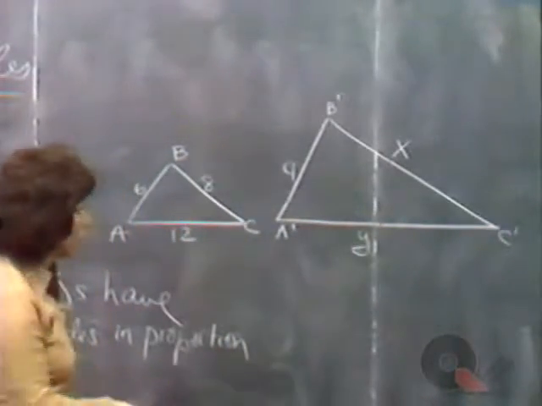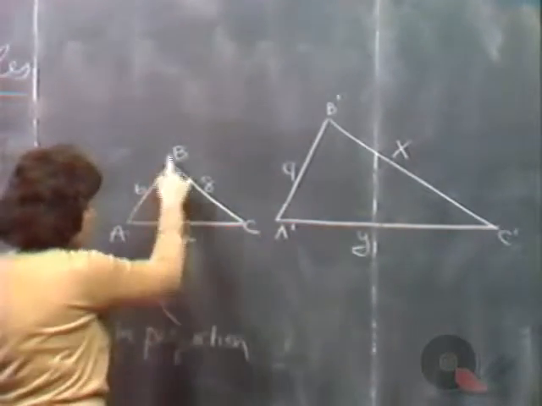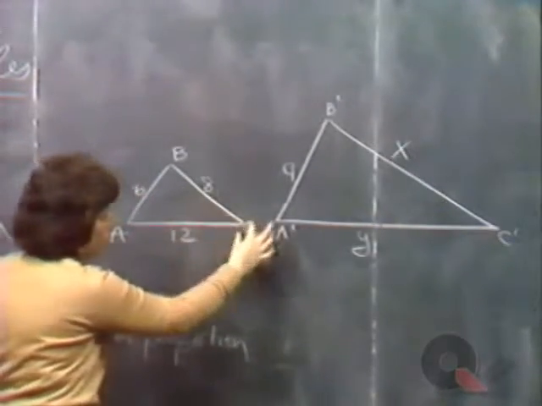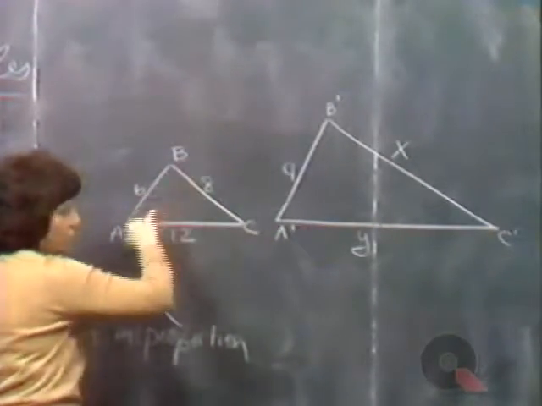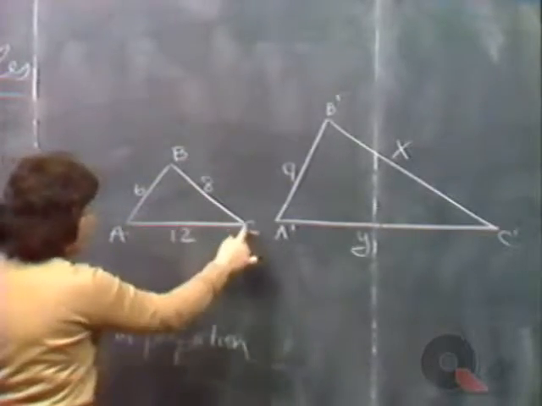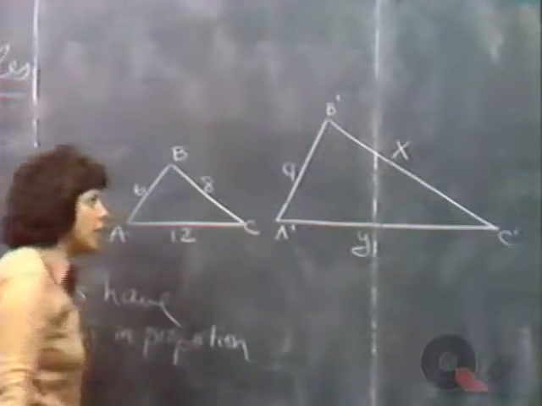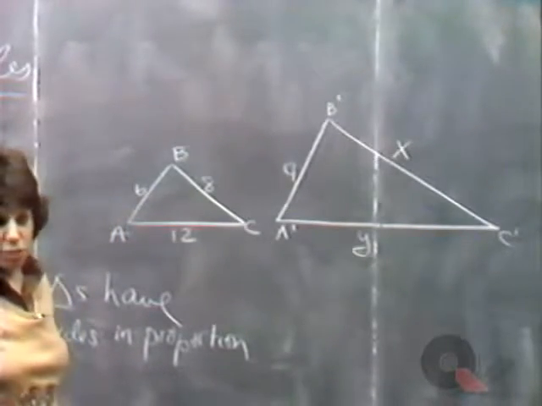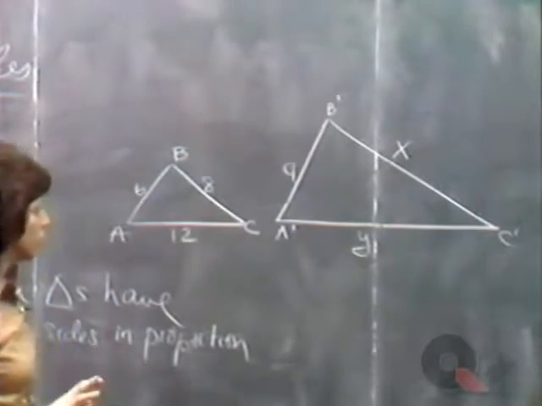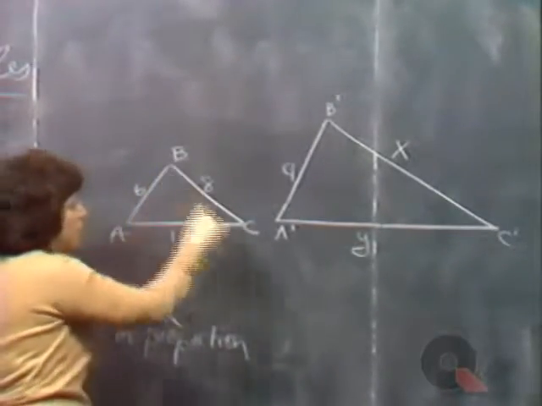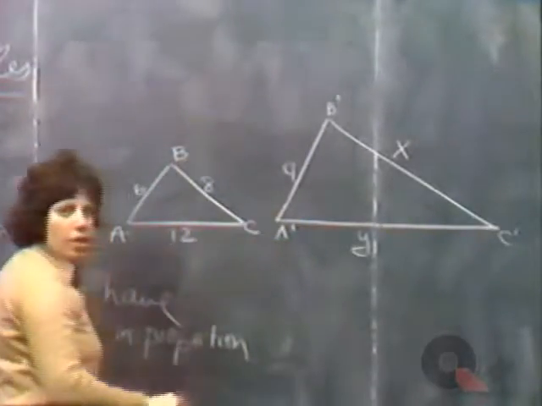To figure out which side is opposite an angle, if you look at the sides of the triangle which form that angle, they cut off the side here. Angle C is equal to angle C prime, therefore the sides opposite angle C and C prime are in proportion. These are corresponding sides, AB and A prime, B prime.